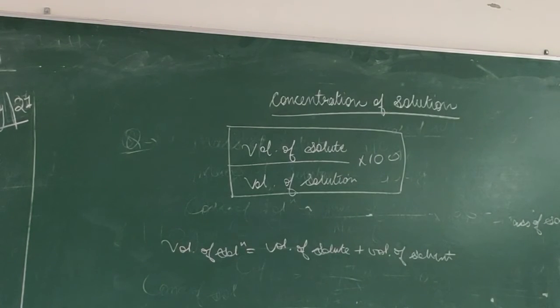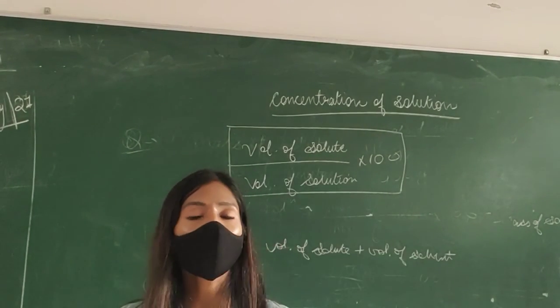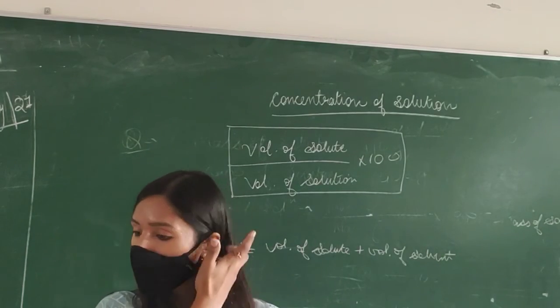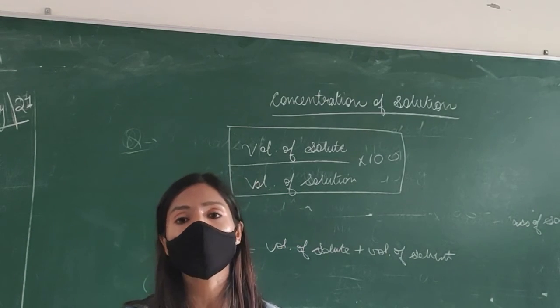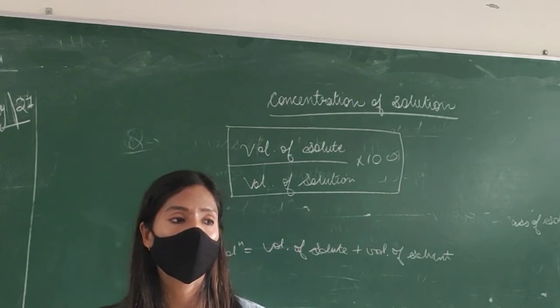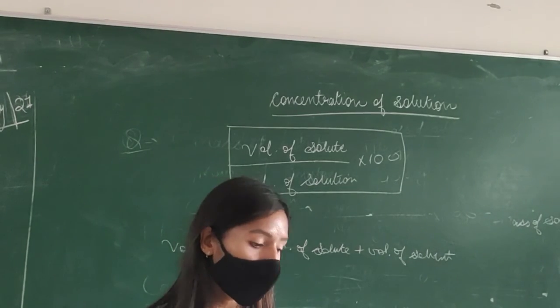So please write one more question quickly. A solution contains 50 ml of alcohol mixed with 150 ml of water.